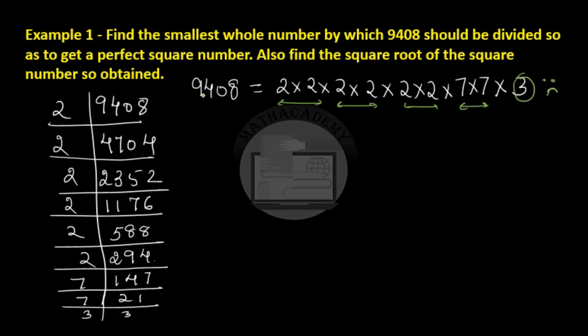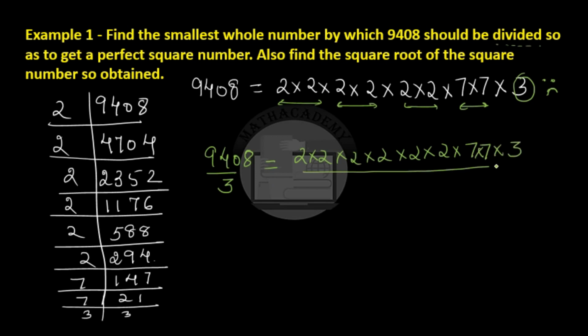Okay, so to make 9408 a perfect square, there are two ways. Either we can multiply, get in one more 3, or just remove this 3 which is here. The question which is asked is what should be divided. So if we divide 9408 by 3, we will get 2 times 2 times 2 times 2 times 2 times 2 times 7 times 7 times 3, and this is divided by 3.